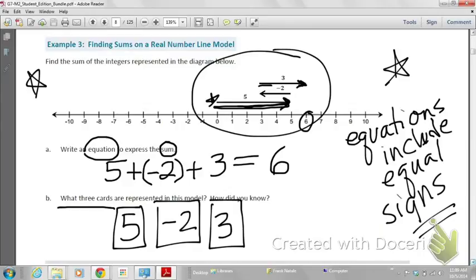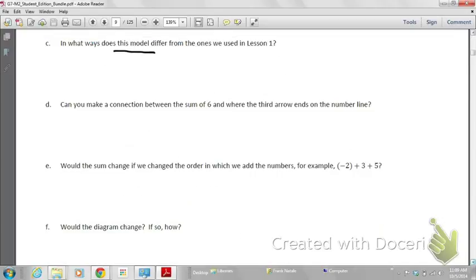How does it differ from what we've done before? If you want to pause right now, you can go look. But if you remember, in lesson 1, a movement of 5 units was shown with separate hops.